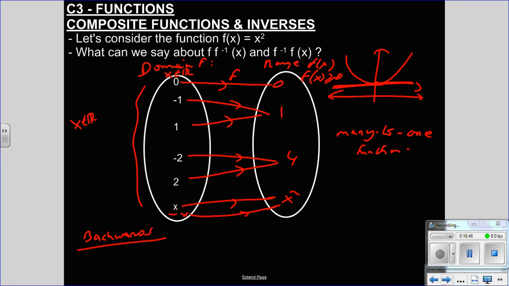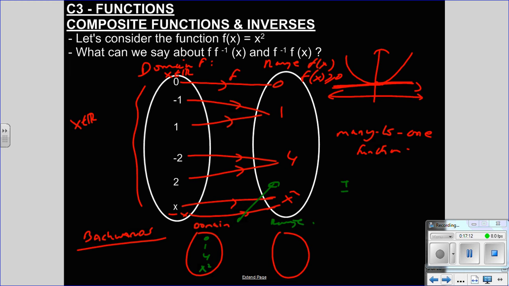If I want to go backwards, though, this links with composite functions, because now I'm going to start with my domain as being my numbers on the right here. So 0, 1, 4, x squared. And for my range, if I'm going to do the opposite of squaring it, then I'm going to square root it.